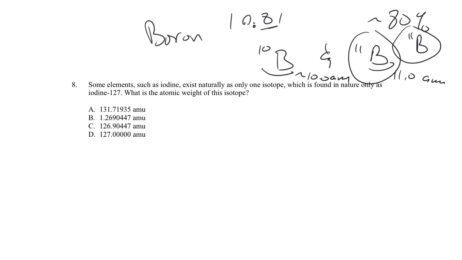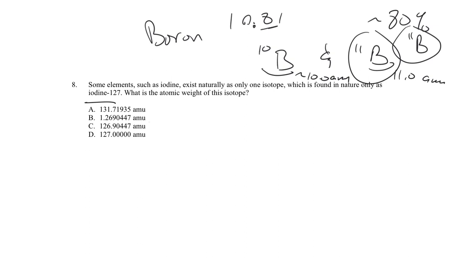Actually, 8's a really easy question in a way, because 8's telling us that iodine exists as a single isotope. Given that iodine exists as just one isotope, iodine-127 being its only naturally occurring isotope, what's the atomic weight of that isotope? Just periodic table. We can just go to the periodic table, and it's 126.9045.